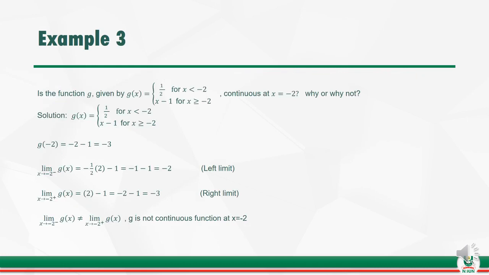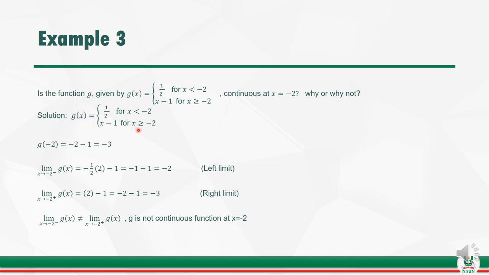Let's look at this beautiful example. It's so unique that we have not considered something like this so far. Let's consider this piecewise function. Is the function g given by this continuous at point x is equal to minus 2? Why or why not? We copy out the function g like this.